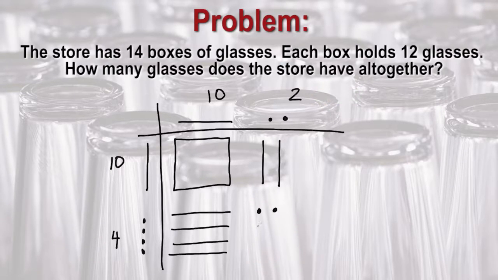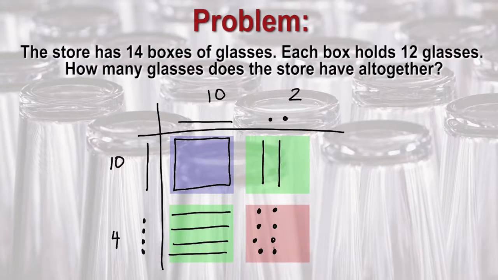Draw 4 rows of 2 dots to represent 8 in the bottom right corner to complete the array. The partial products are now represented in the array. We have 100, 6 tens, and 8 ones. 100 plus 60 plus 8 equals 168.